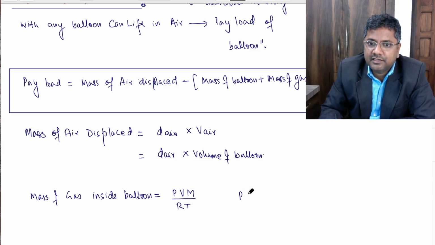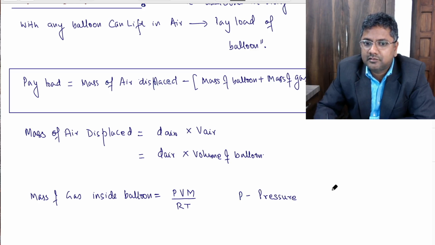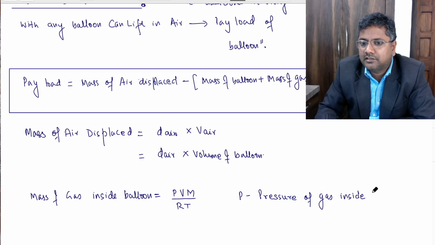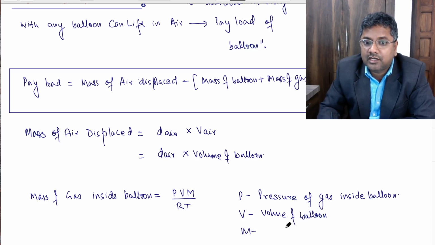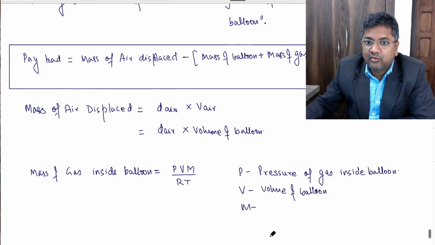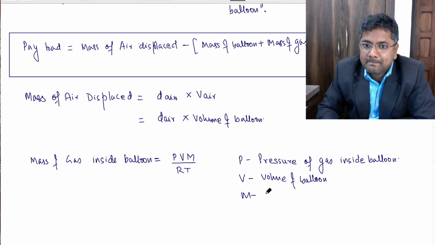So P is the pressure of gas inside the balloon, V is the volume of balloon, M is the molar mass in kilograms per mole, don't write in grams per mole.